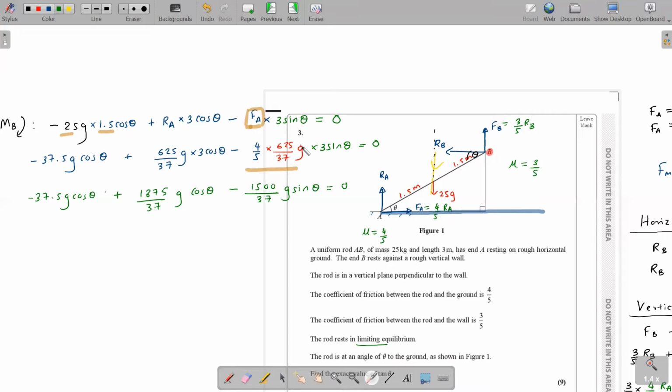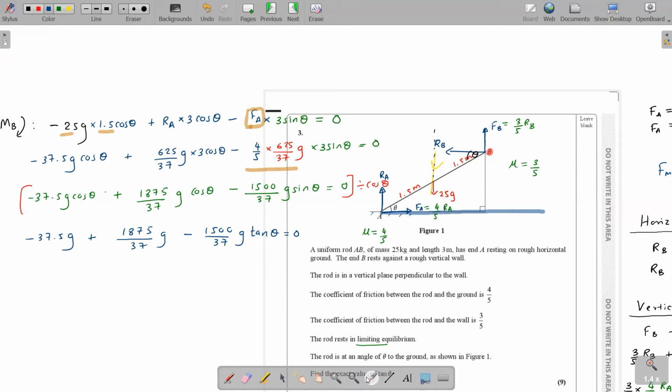And then the whole equation we could divide by what? To create the tan, we can divide the whole equation by cos theta. Then minus 37.5 G, cos to cos will cancel. Plus 1875/37 G, cos to cos will cancel. Minus 1500/37 G, sine divided by cos gives you tan.